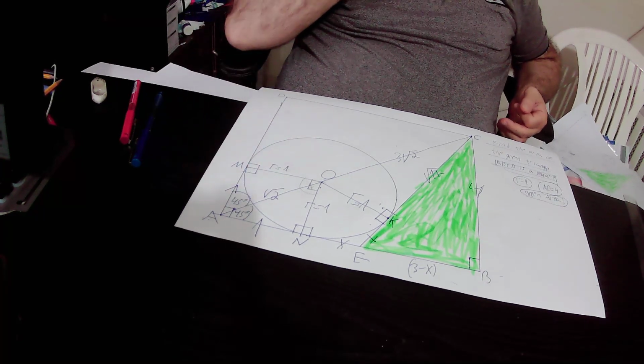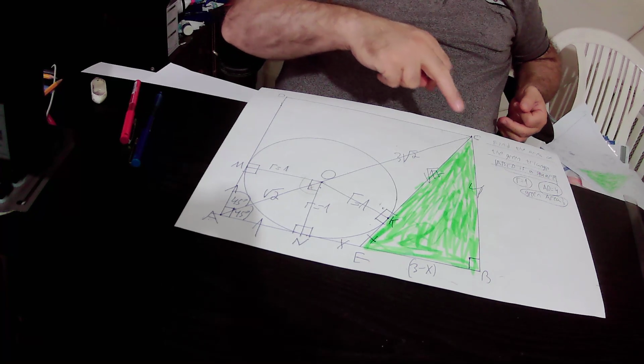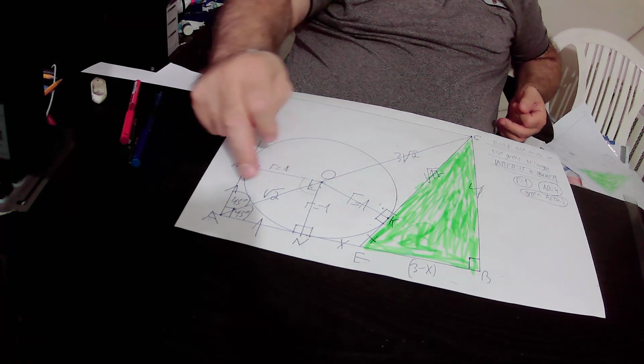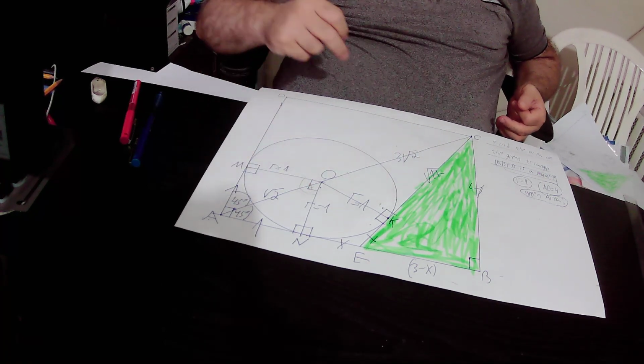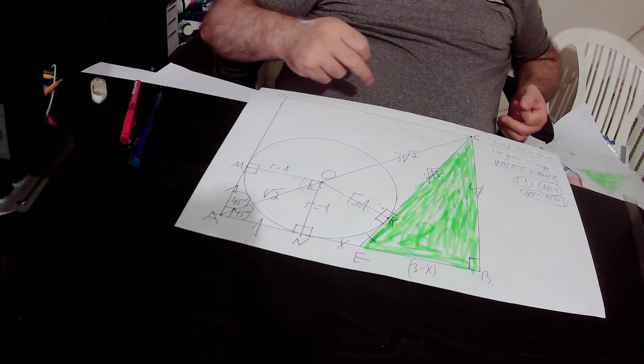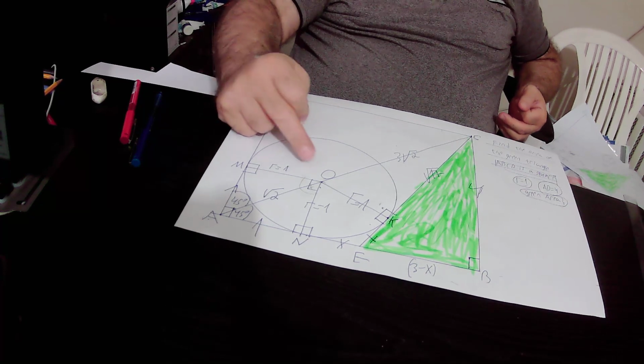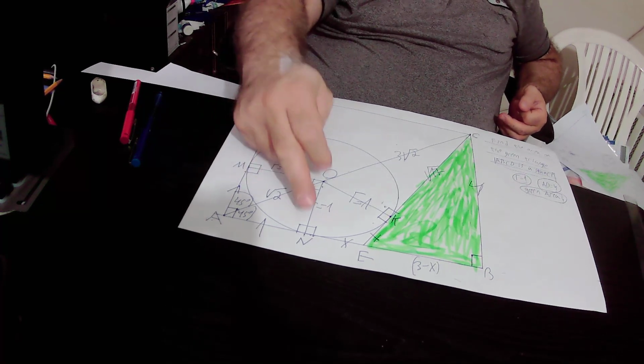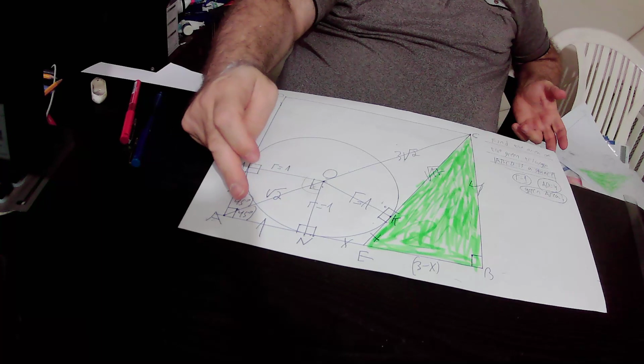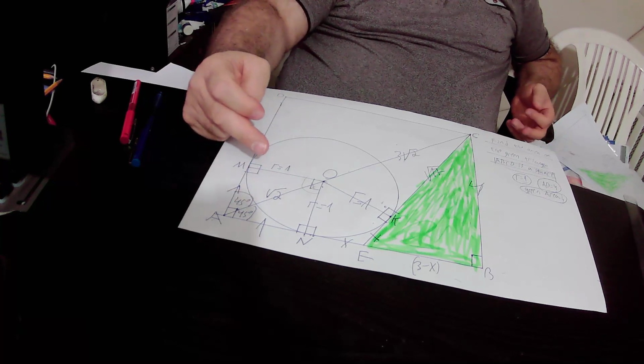Angle CAB equals 45 degrees. But if we relate to the small diagonal, then angle OAN also equals 45 degrees according to rule number 6.